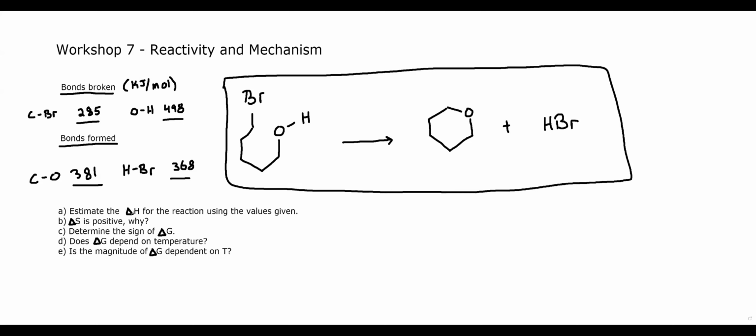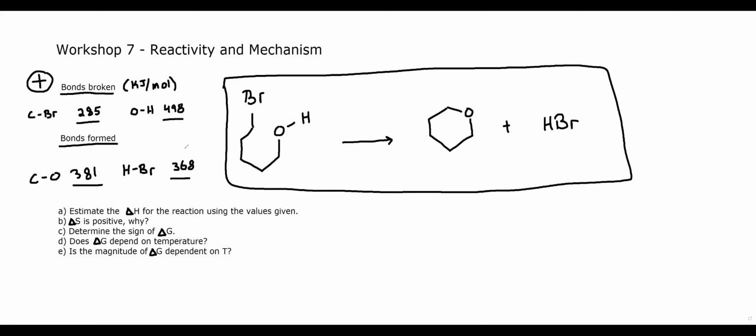So how do we estimate the delta H for the reaction here? Well, remember, when we break a chemical bond, we need to input energy. It's like picking up a stick and breaking it. You need to use energy to break that stick. So it requires energy to do that. So these are going to be positive values for the broken bonds.